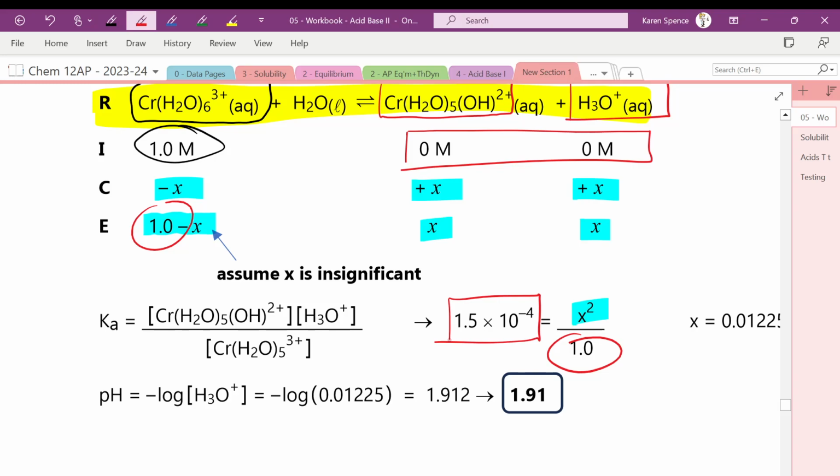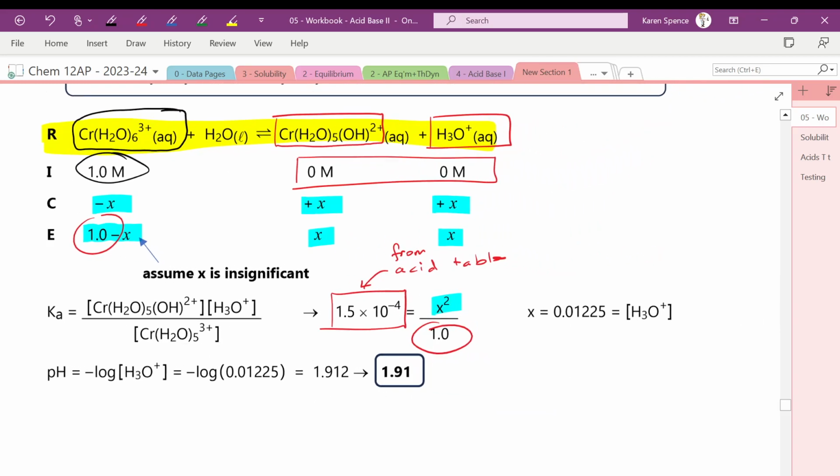Where did I find that value? That's on the acid table. Solve for X. You get 0.01225. And you take your pH as the negative log of H3O+, negative log of that, 1.91.